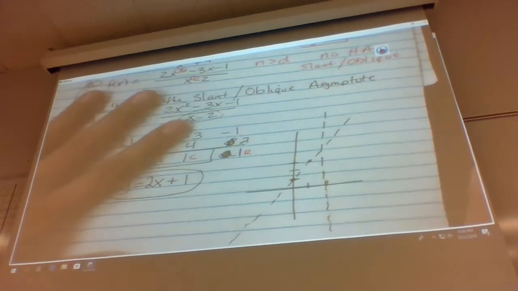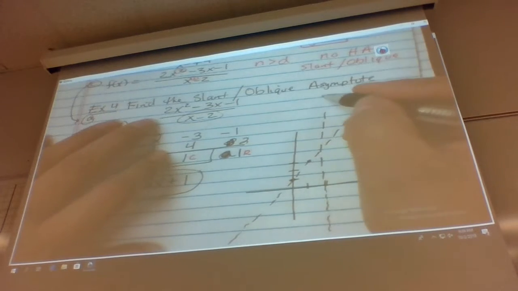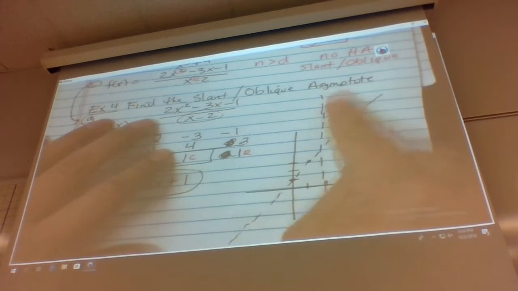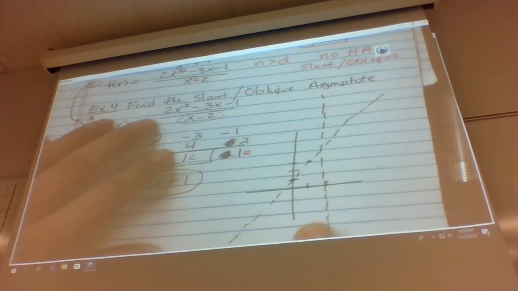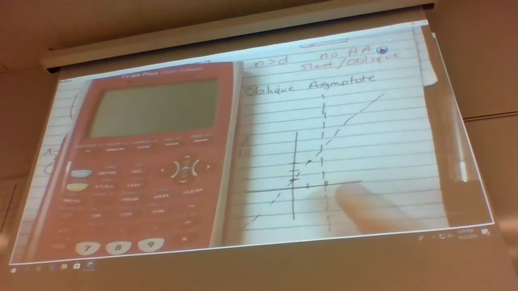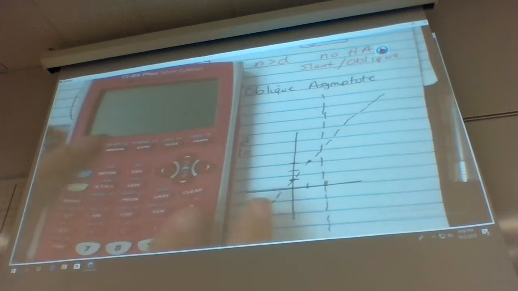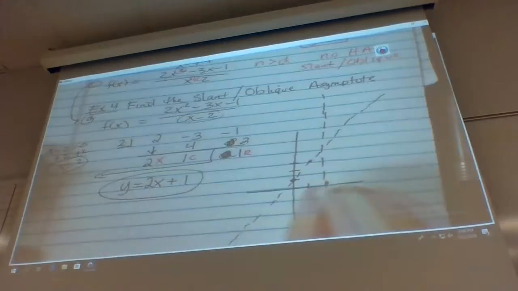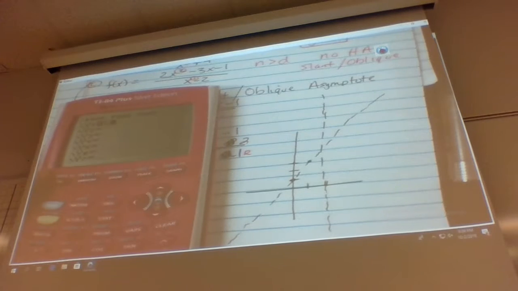It sets your limits. And I'm just gonna graph this so you can see it, and that is the last thing. 2x squared minus 3x minus 1 divided by x minus 2. So we look at the graph, and where is it?